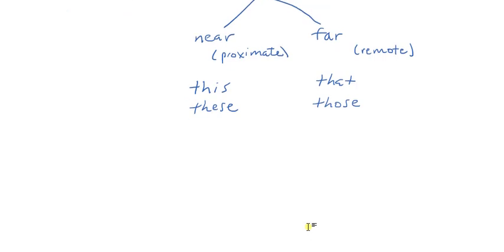Let's start with the near demonstratives in Hebrew. What we have are the forms ze, which is masculine singular here. And I want to remind you of an adjective that you've learned that was also masculine singular and ended the same way.